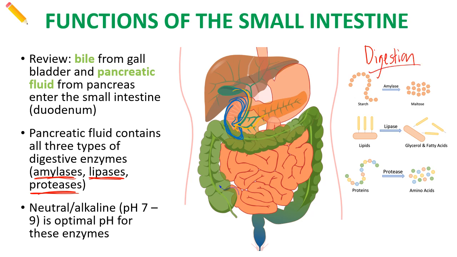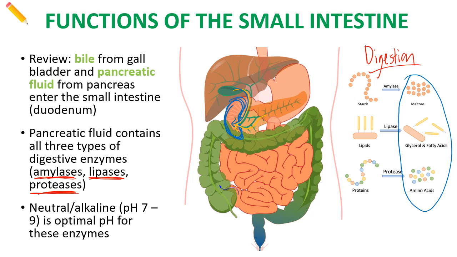So here's our starches being broken down, our carbohydrates. Here's our lipids, and here's our proteins. And so now we're really finishing off digestion, and ideally we're going to have all these tiny small molecules, and these are the ones that can get across the cell membrane a bit more easily. We can't bring a whole protein, and we can't bring a whole lipid and a whole starch across the cell membrane.